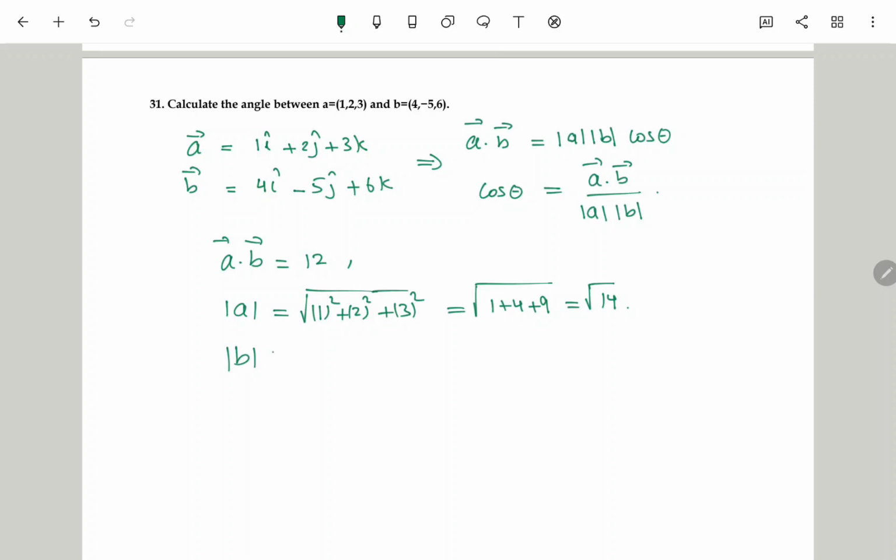The magnitude of B equals the square root of 4 square plus 5 square plus 6 square, which equals 16 plus 25 plus 36, or the square root of 77.